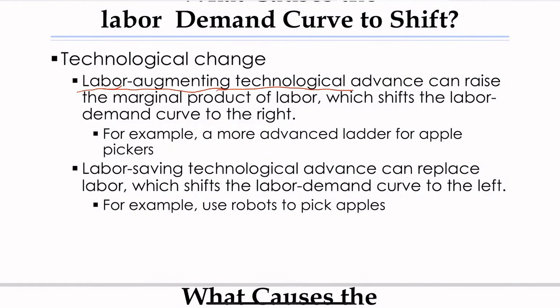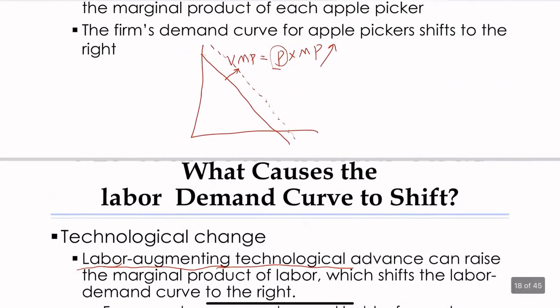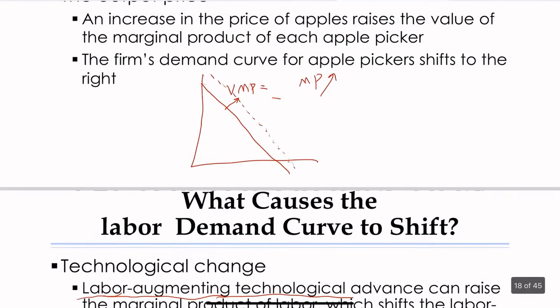So this will increase the marginal product of labor. Then you can see that if marginal product of labor increases, then again the value of marginal product increases. So we will see that the demand curve shifts to the right, right?